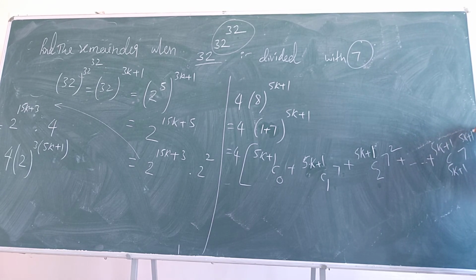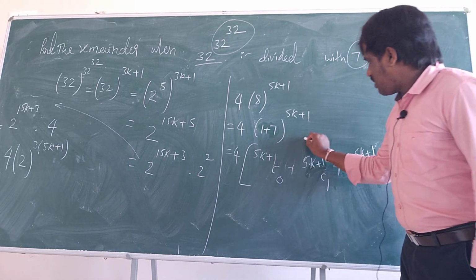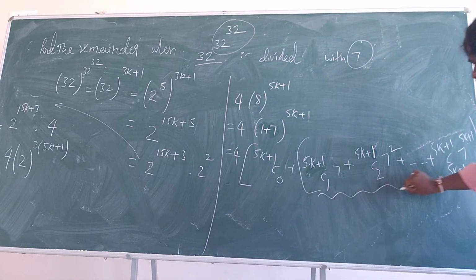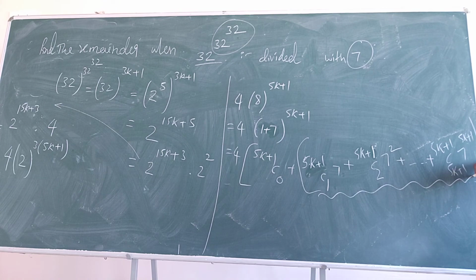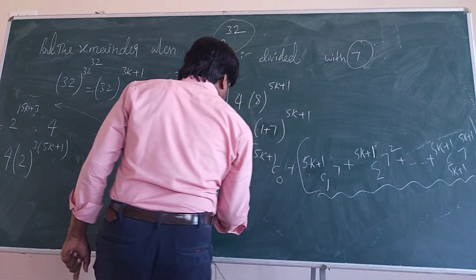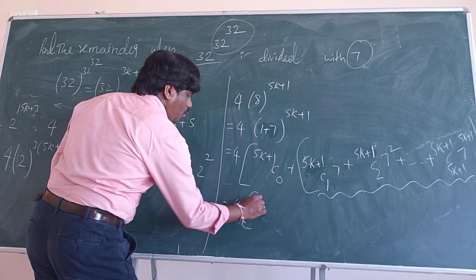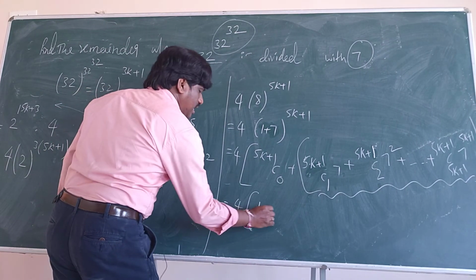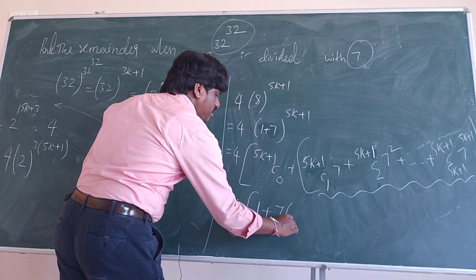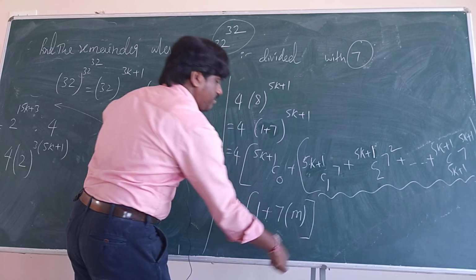So if you see, from here to here this is a multiple of 7. So I can write 4 into 1 plus a multiple of 7.